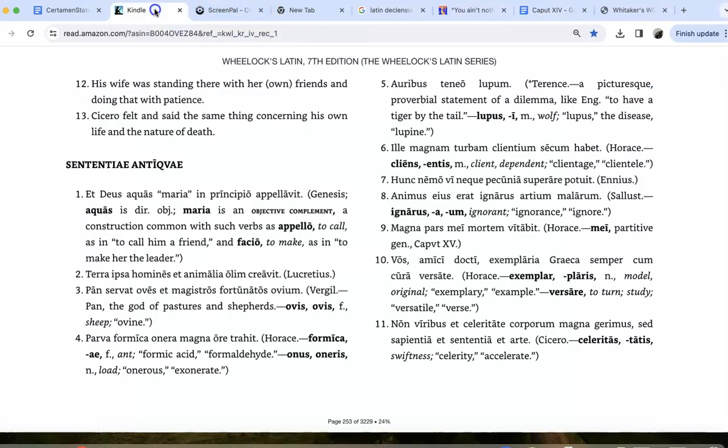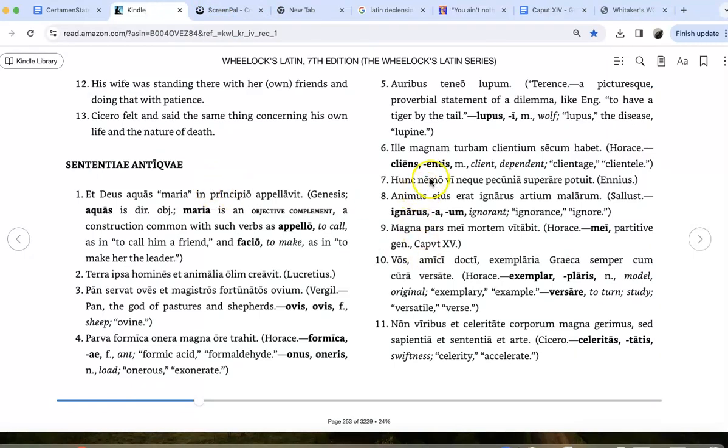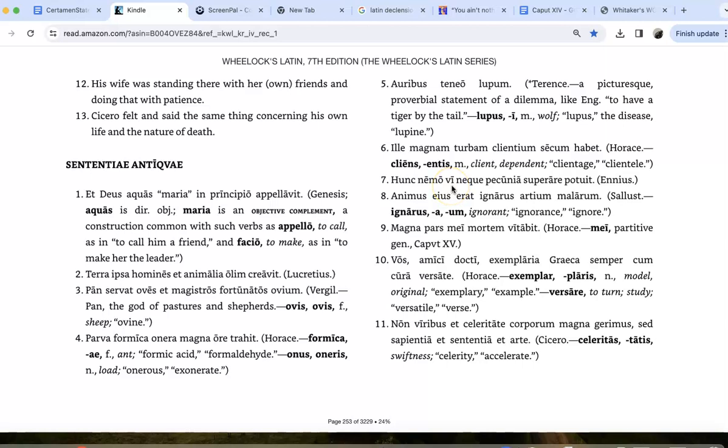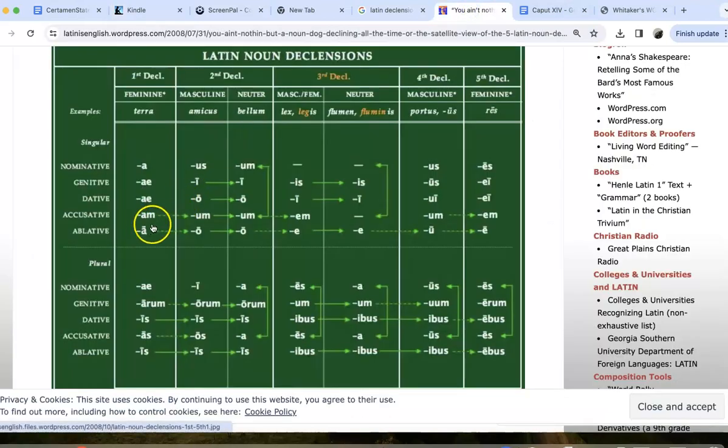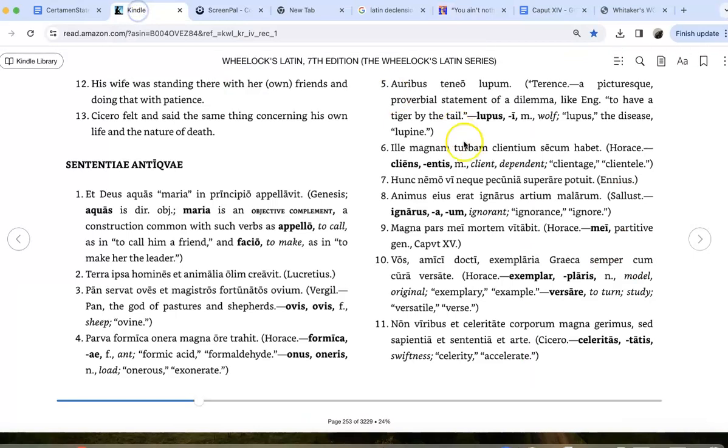So let's go back and take a look at this. So no one was able to conquer him by money or power. By money or power: pecuniae, vi. Notice pecuniae is first declension ablative singular. And then your book does point out the word power or force is irregular.